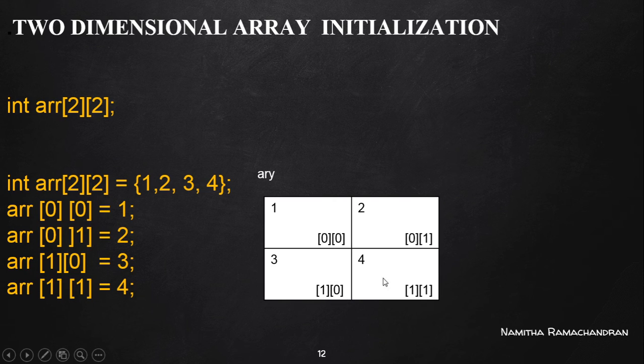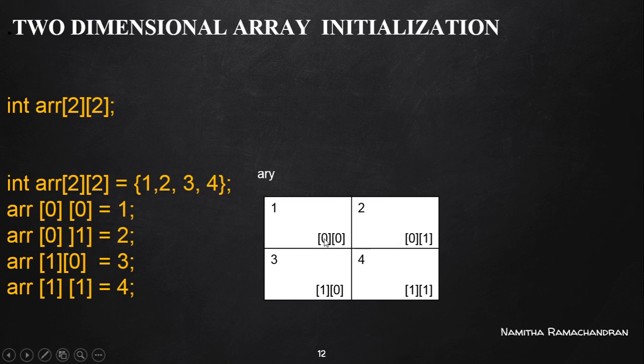This is the 0th row, this is the first row. So first row, 0th column position. Okay, here it has the value 3. And the 4 is present in first row, first column position.